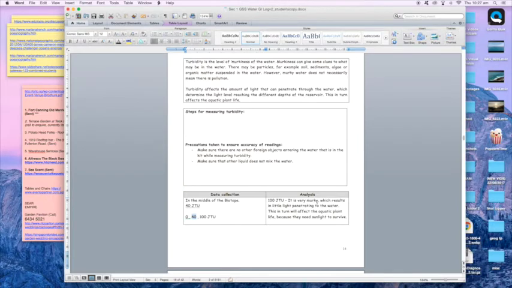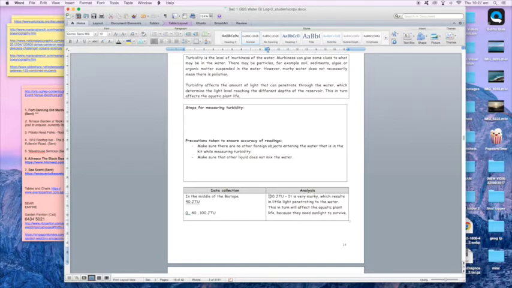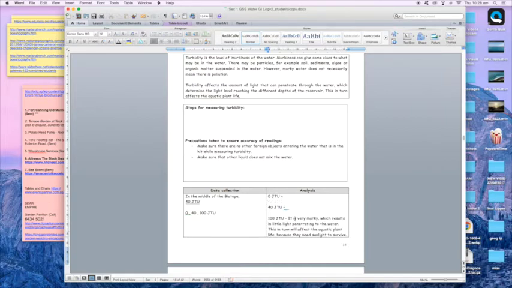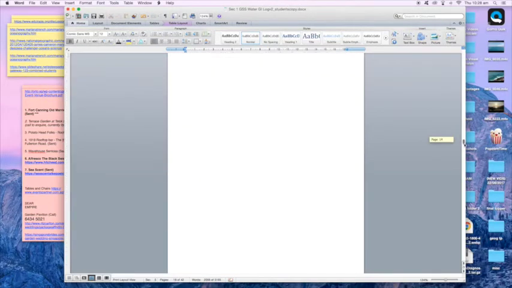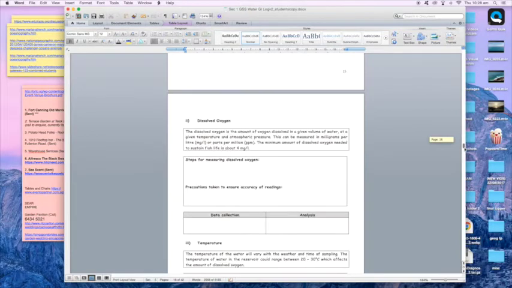So this is for 100; if it's 40 JTU, what will your analysis be, which I just explained, and if it's 0 JTU, what does it mean? You just have to explain what your data describes about the quality of water, in this case turbidity. Do the same thing repeatedly for your dissolved oxygen.